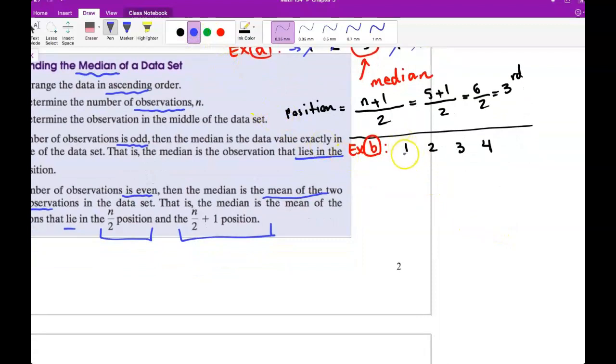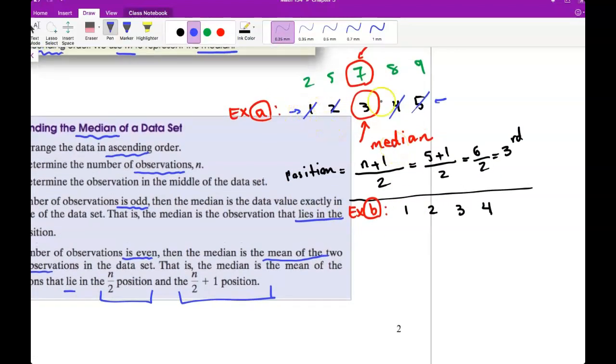Again, same thing, starting from left and right. From this part I have 1. Now from right I have 4. Eliminating, and I don't want to eliminate these because I want to have something in between. So what that means, we have these two in between.